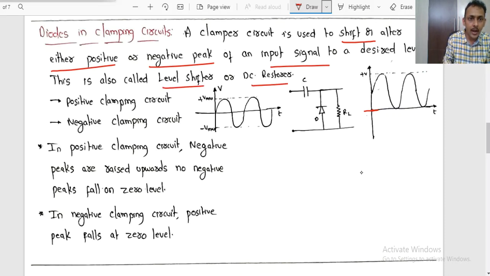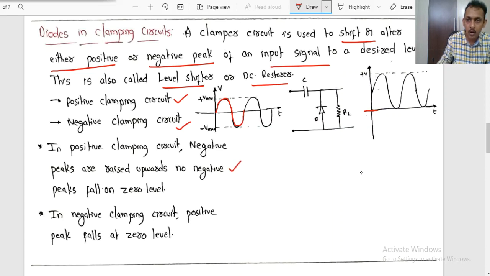We have two types. One is the positive clamping circuit and another one is the negative clamping circuit. In this waveform, you have a positive half cycle and a negative half cycle at the input side, okay. In the positive clamping circuit, negative peaks are raised upwards.